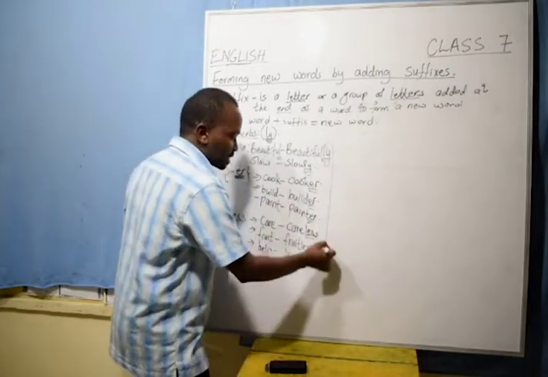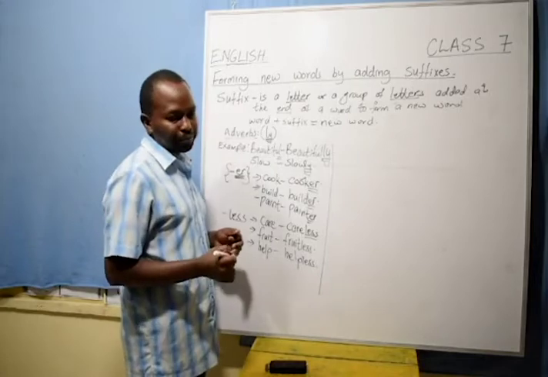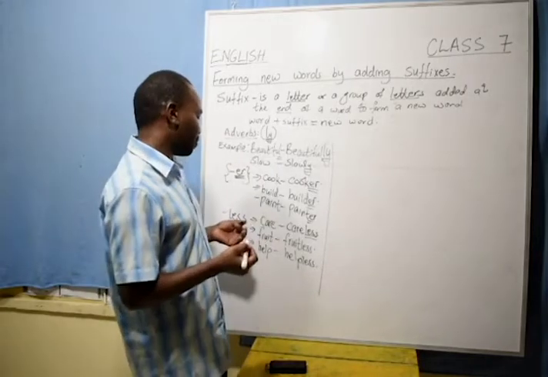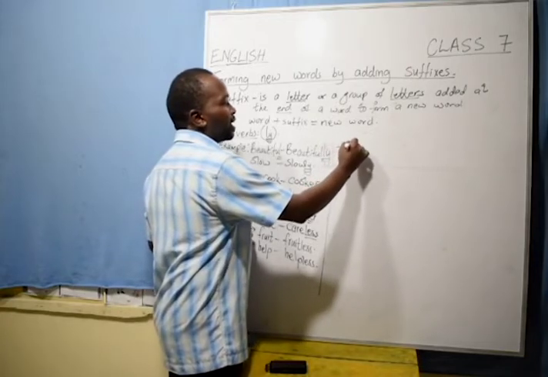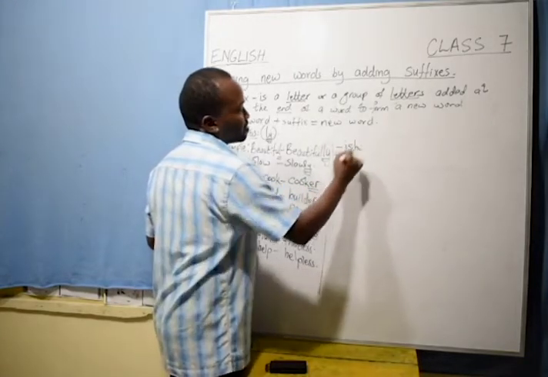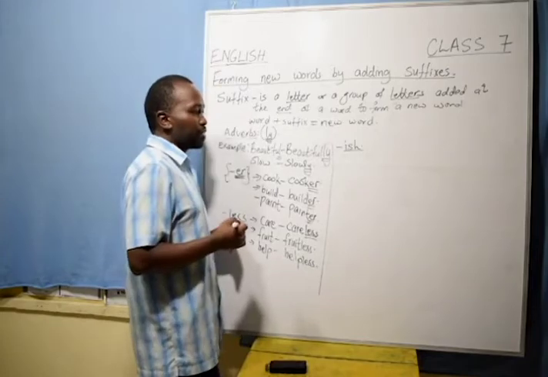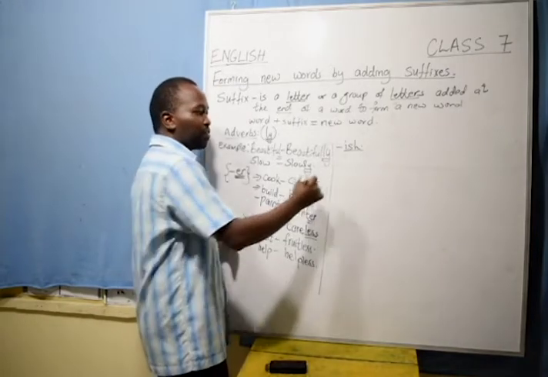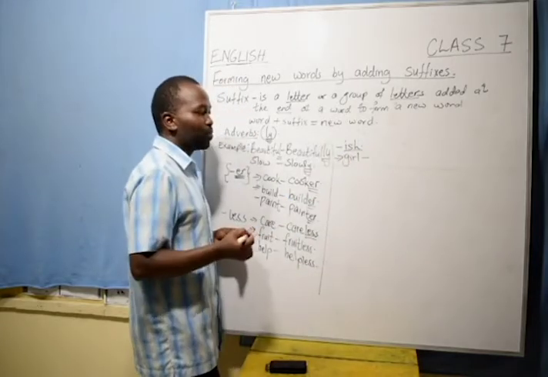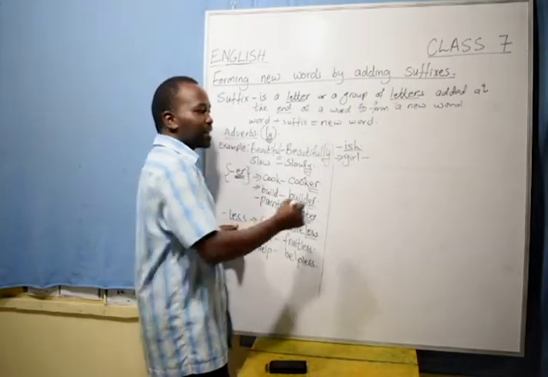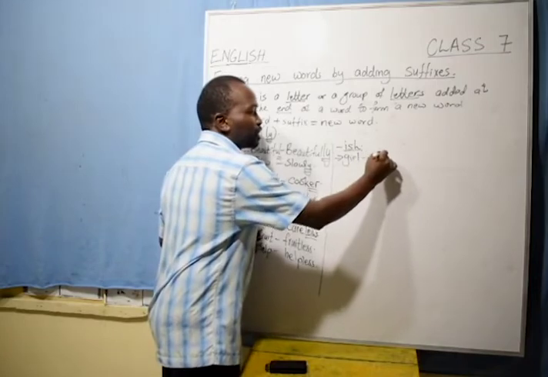Other suffixes that are there in English, and you can use them to form new words, is, for example, suffix ish. From the word girl, we can form a new word, that is the word girlish.